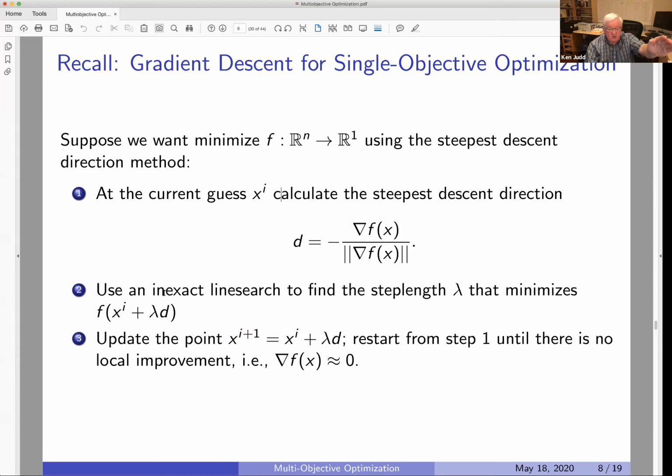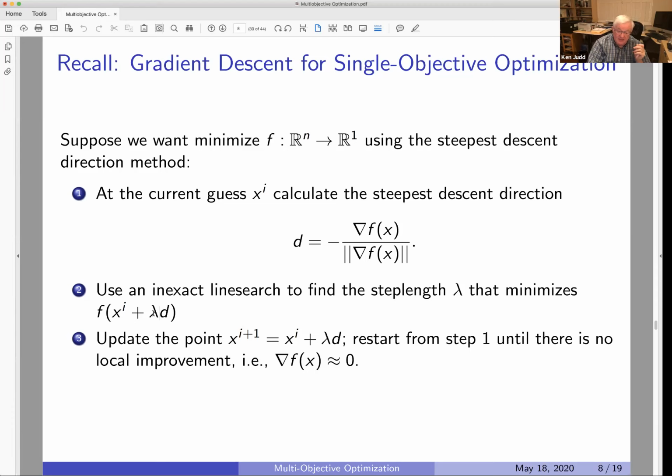And then what you do is you search in that direction to find some lambda that minimizes the objective over the set of points in that direction, which is xi plus lambda times d. So d is a direction, and then in that direction you have a one-dimensional optimization problem over lambda.